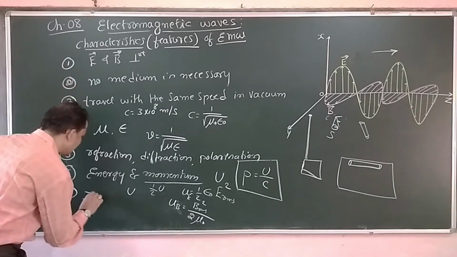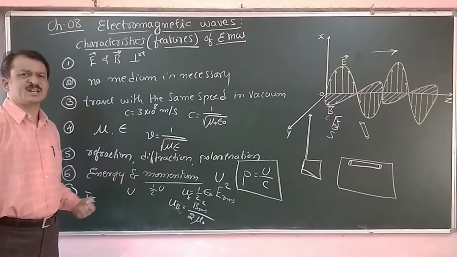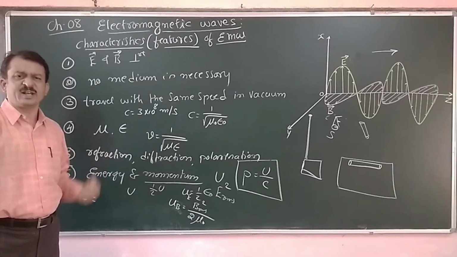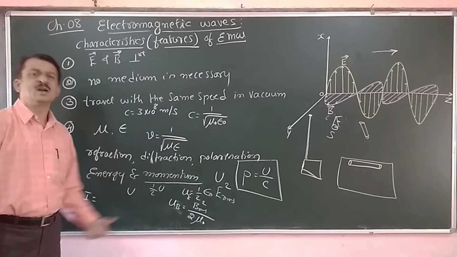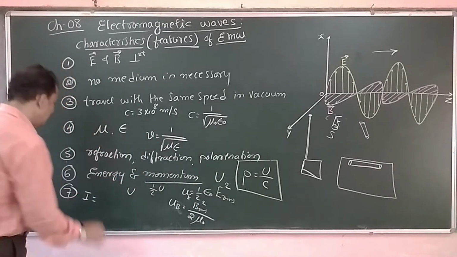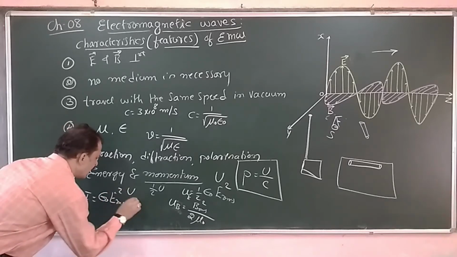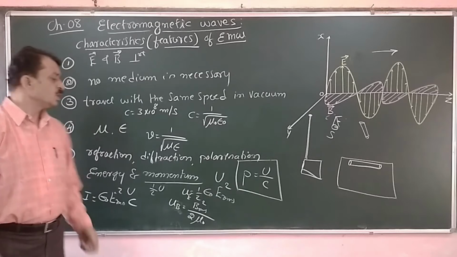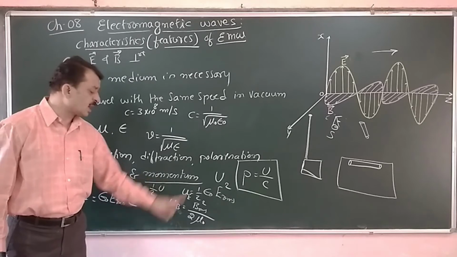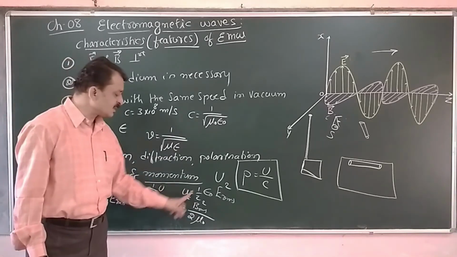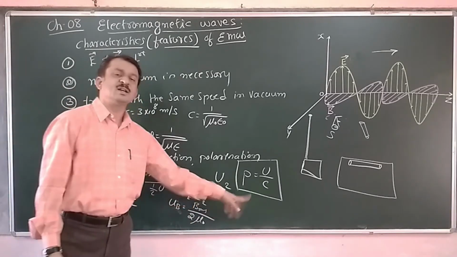intensity. The intensity of the electromagnetic wave is the total energy crossing per unit area per second, and it is given by epsilon naught E RMS square into C. Since the electrical energy and magnetic energy are both equal, the electrical energy is half of epsilon naught E RMS square plus half of epsilon naught E RMS square.